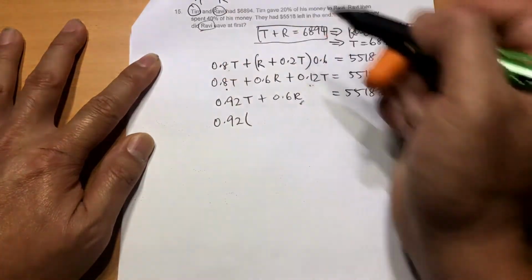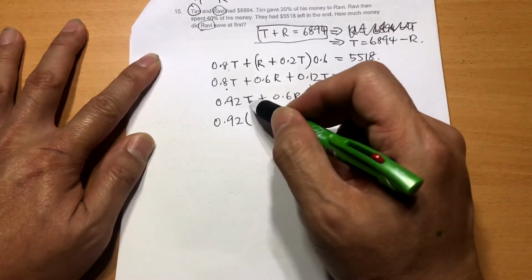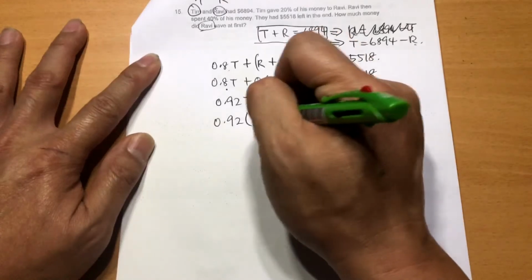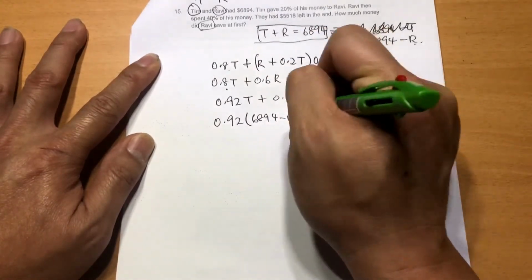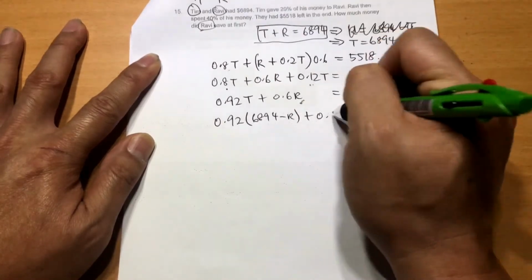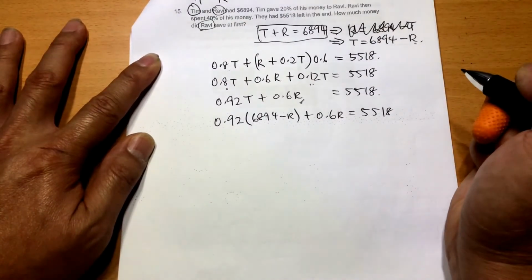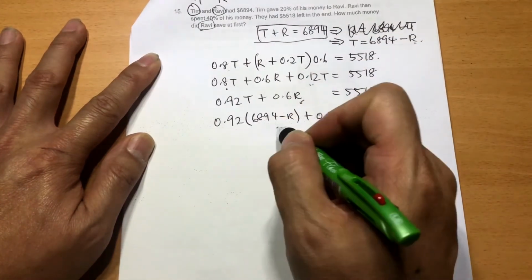So we want to find what R is. So we want to leave R in this equation here. All right, so we want to get rid of T. So T is that figure there, 6894 minus R plus 0.6 R equals to 5518. Okay, so we multiply these two together.